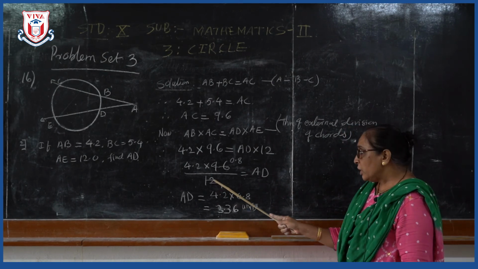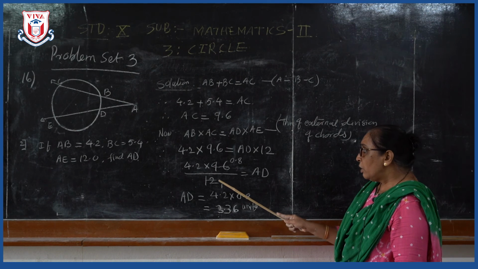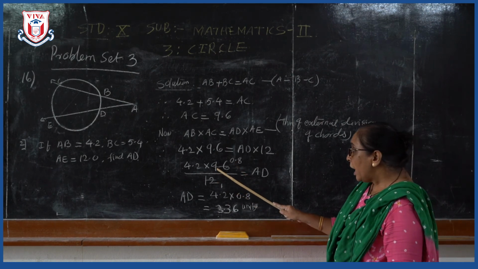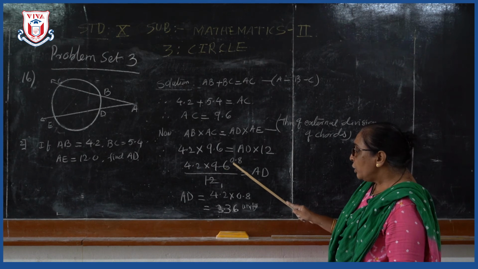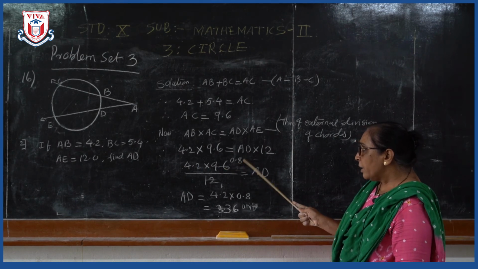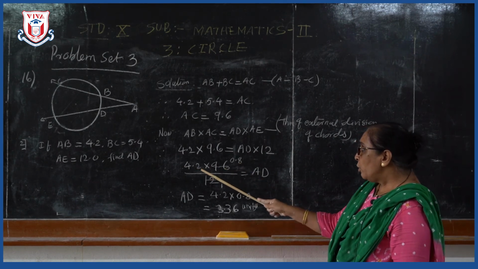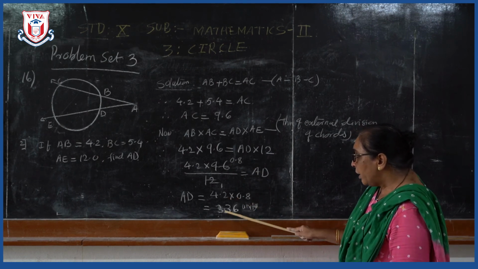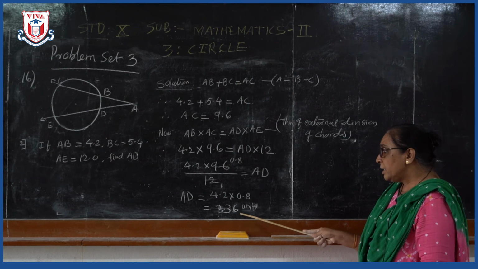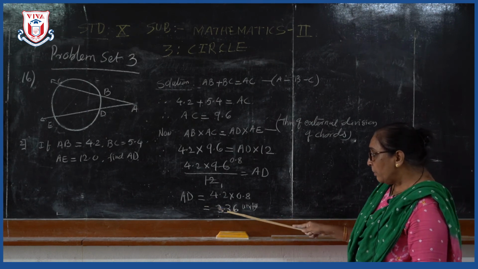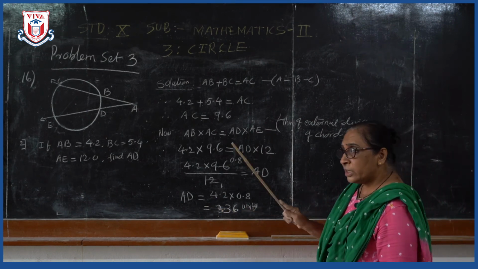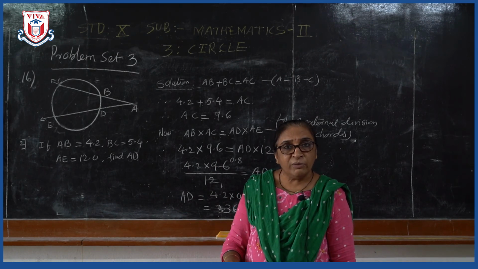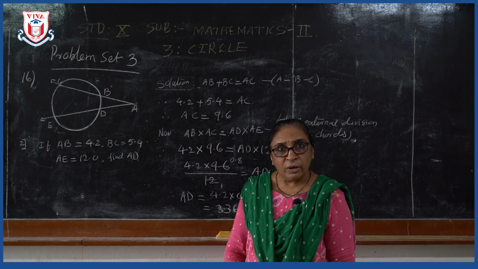Now do the cancellation. You know that 12 eights are 96, but here 9.6 is there, so here you will get 0.8. So 4.2 multiplied by 0.8 is equivalent to 3.36. So AD is equal to 3.36 units. Similarly, the third question of the same 16th one also you can solve.